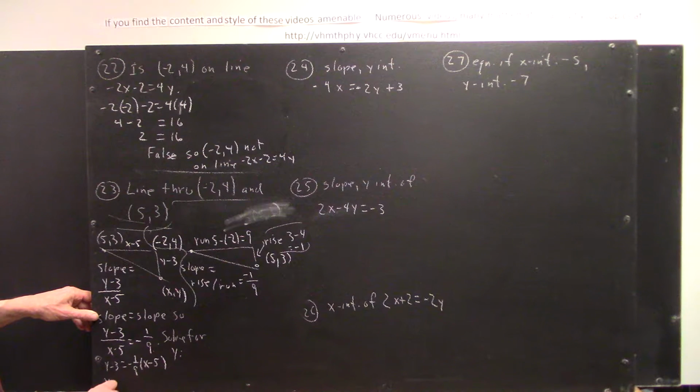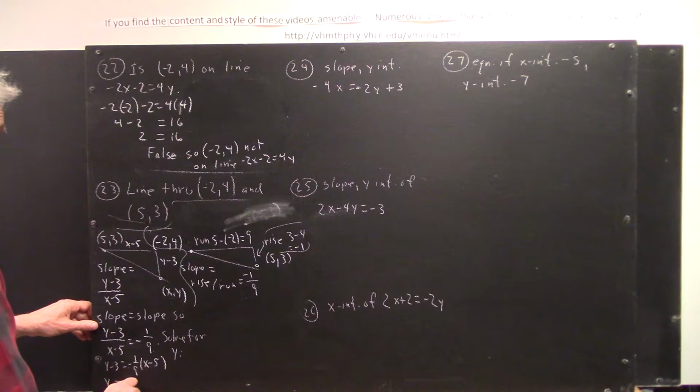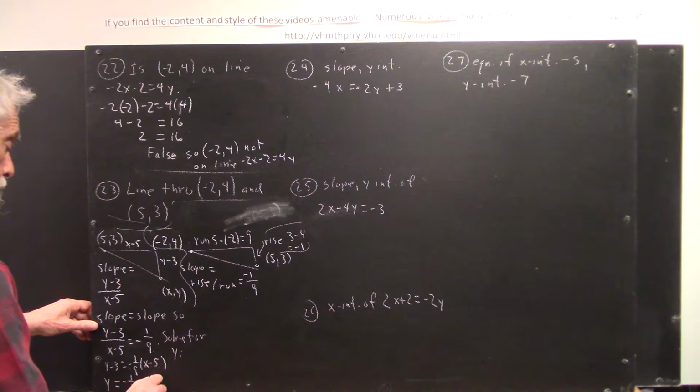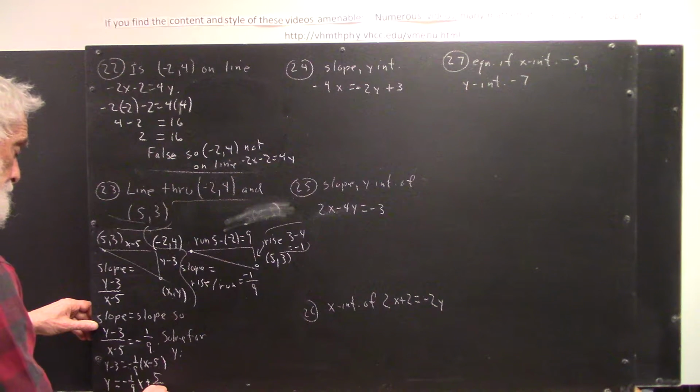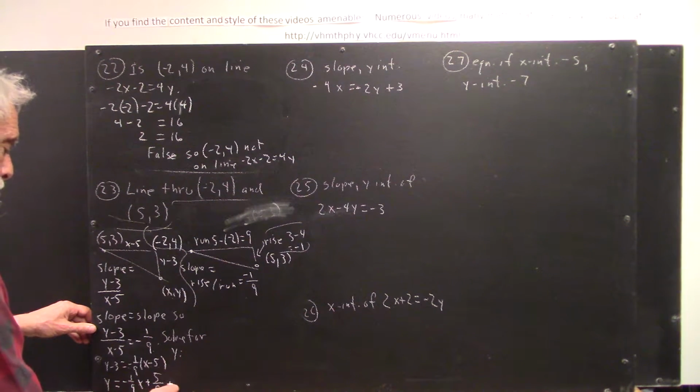Skipping a step, multiplying through by the -1/9, I get -1/9 x, and then multiplying -1/9 by -5, I get plus 5/9. And then adding 3 to both sides, I get plus 3.